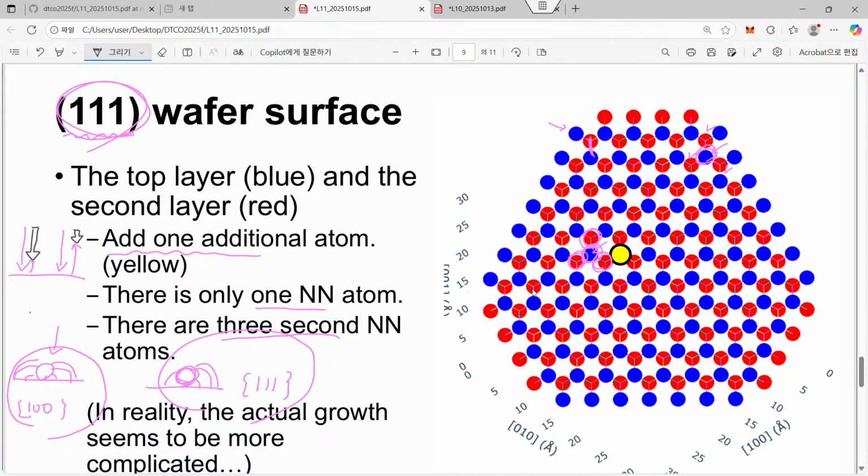Simply speaking, depending on the surface, we have different atomic configurations and different numbers of nearest neighbors. These differences in nearest neighbors, first, second, or even third, introduce certain differences in growth rate.